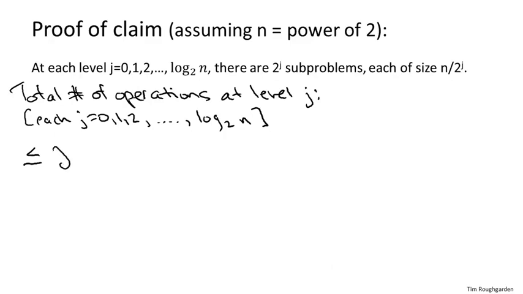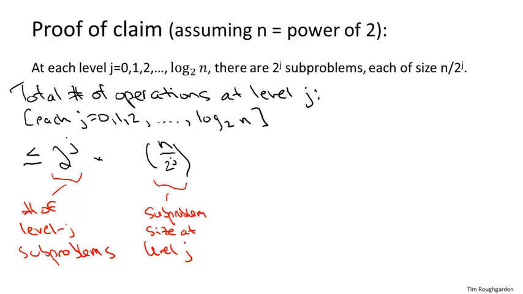All right, so we start with the number of different subproblems at level j, and we noticed that was at most 2 to the j. We also observed that each level j subproblem is passed an array as input which has length n over 2 to the j. And we know that the merge subroutine, given an array of size n over 2 to the j, will execute at most 6 times that many lines of code.